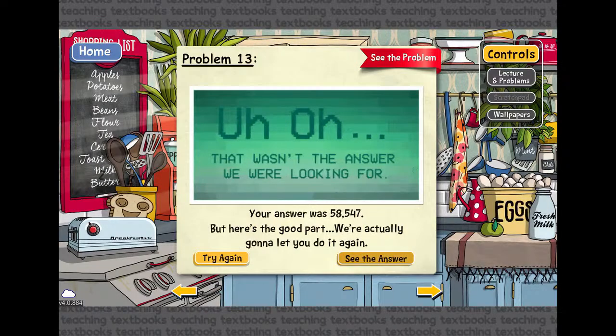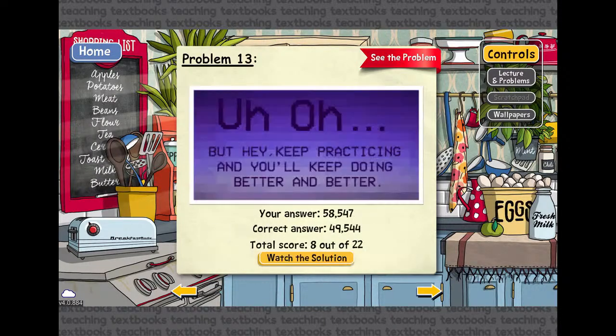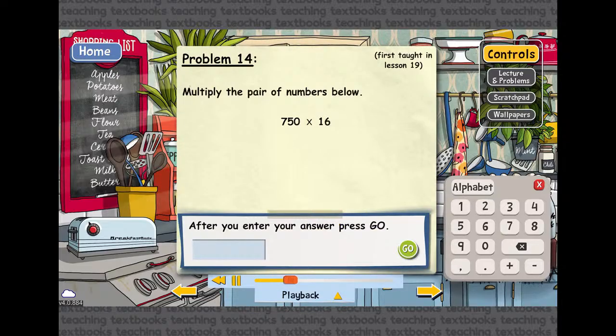Nice try, but that's not the answer. Problem 14. Multiply this pair of numbers. 750 times 16.